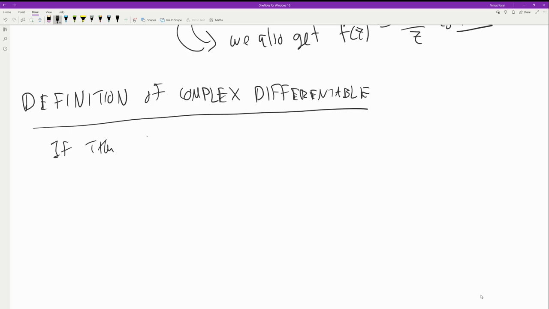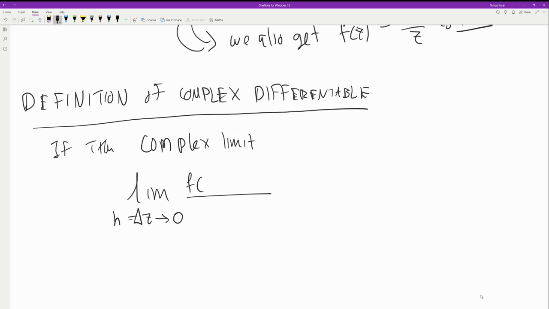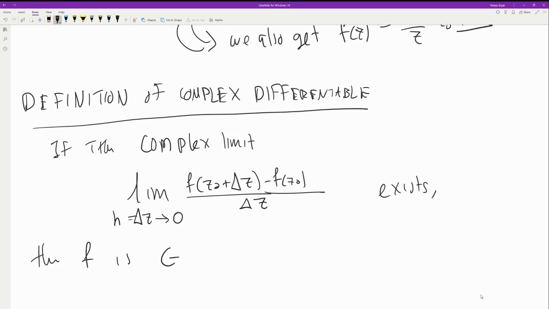If the complex limit, where they call it delta z, you can also call it h, goes to 0, if this limit exists, then f is C differentiable at z naught.